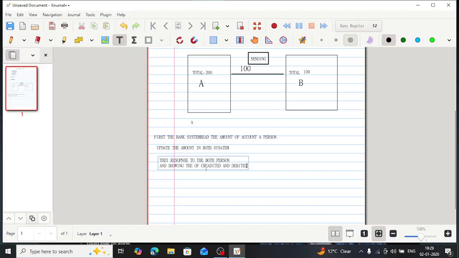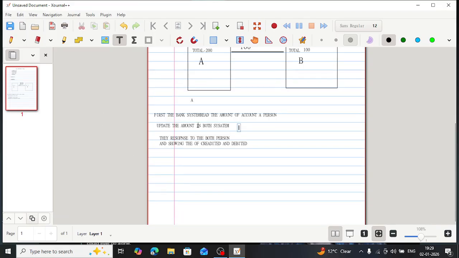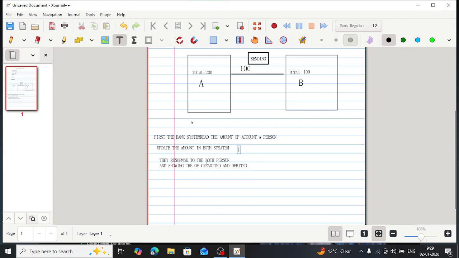Both messages are shown to both persons. This process is handled behind the scenes by the bank system.